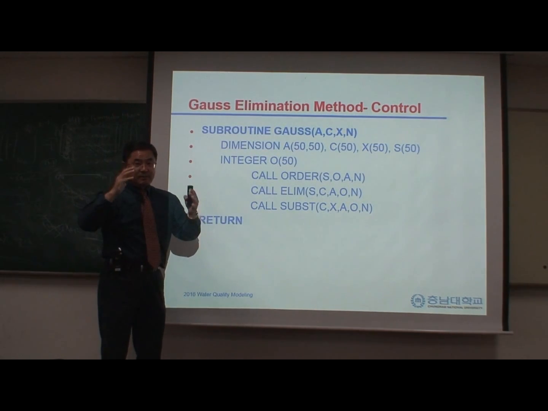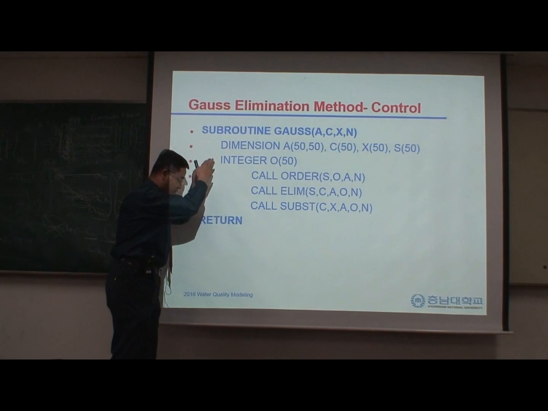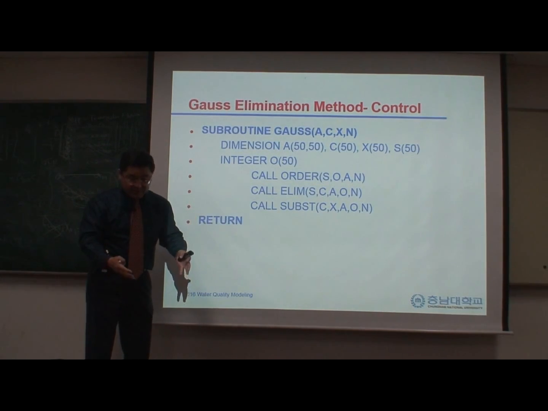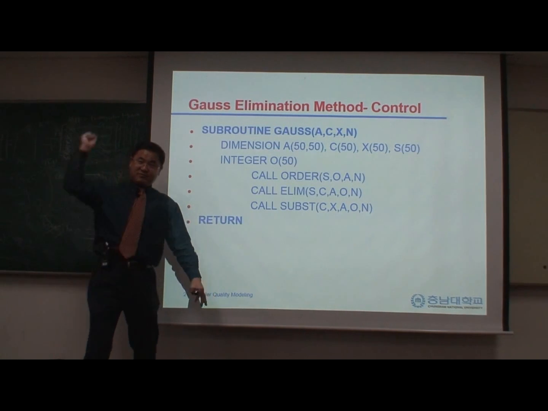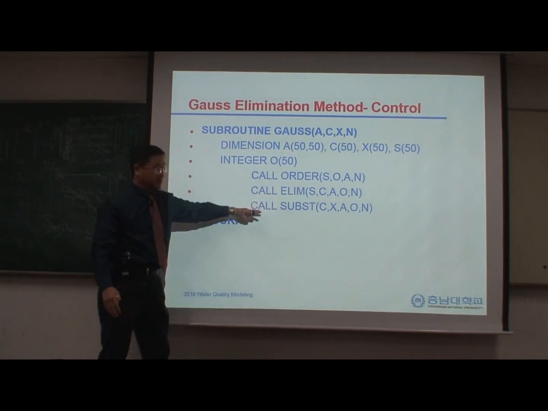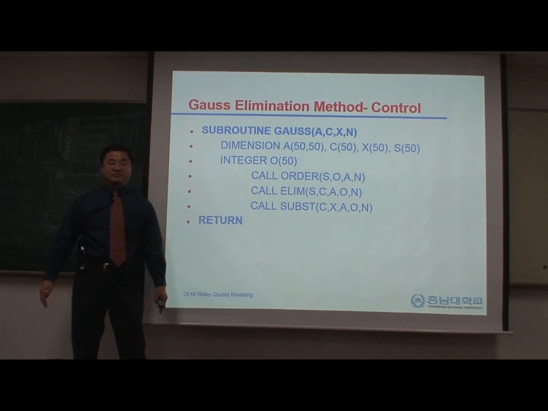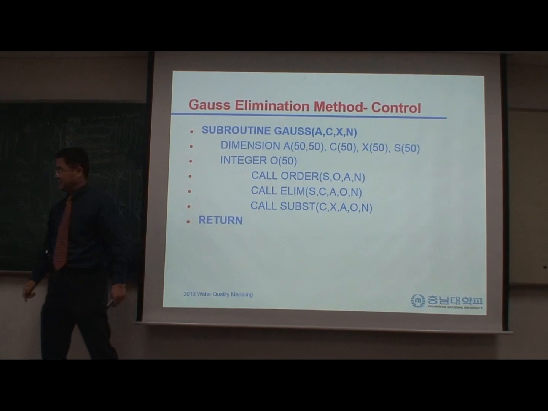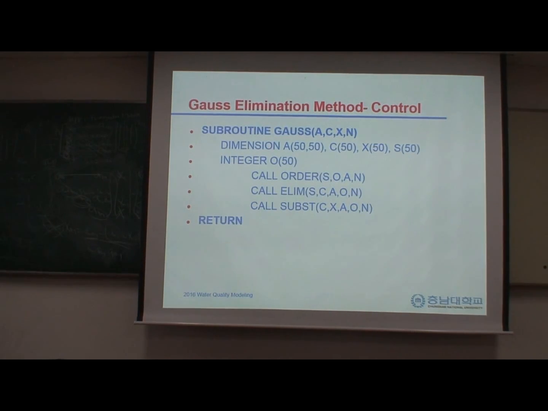The best way is to look at all the coefficients in the first line, find the biggest one, move it to the first line, and calculate. Then do the elimination and back substitution. Then you'll be happy, okay? That's it.